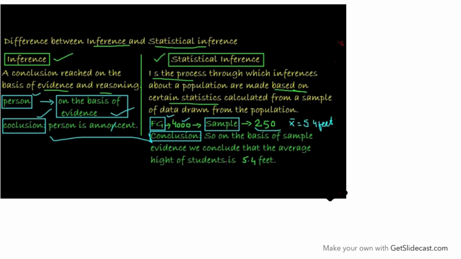Statistical inference cannot do without incorporating the knowledge of the population. Inference about the population is made on certain statistical calculations calculated from a sample of data.